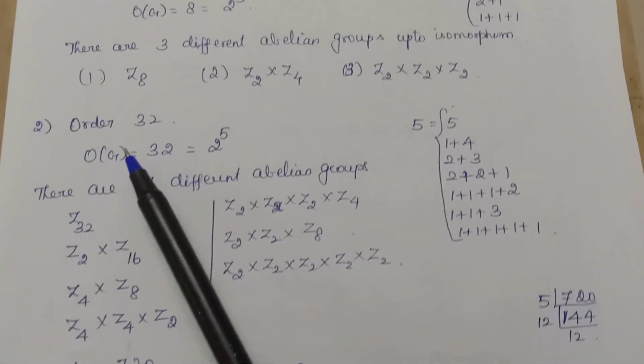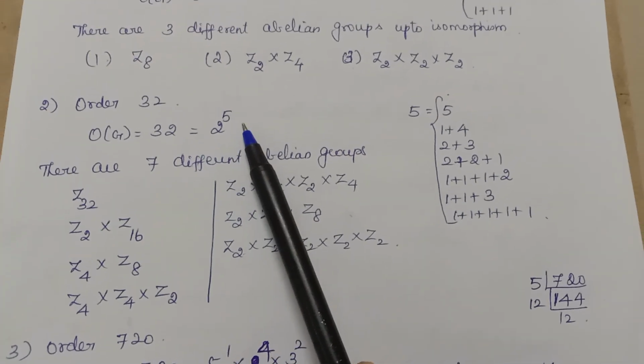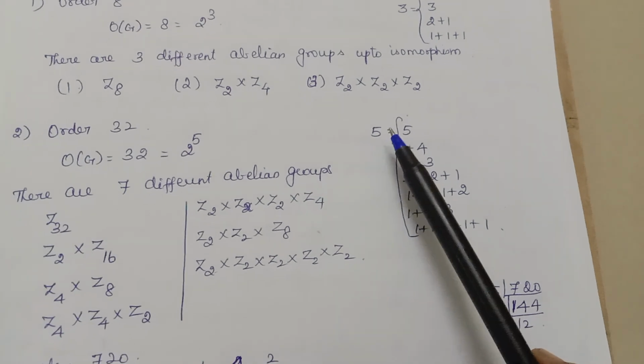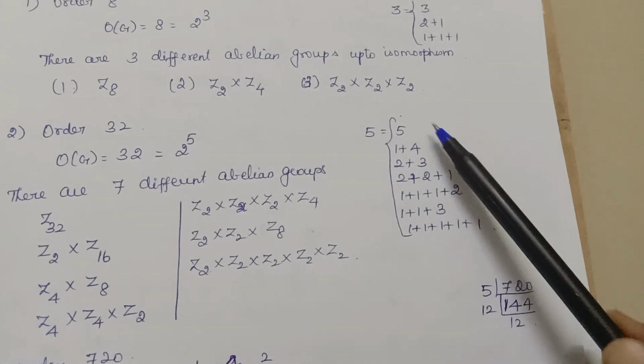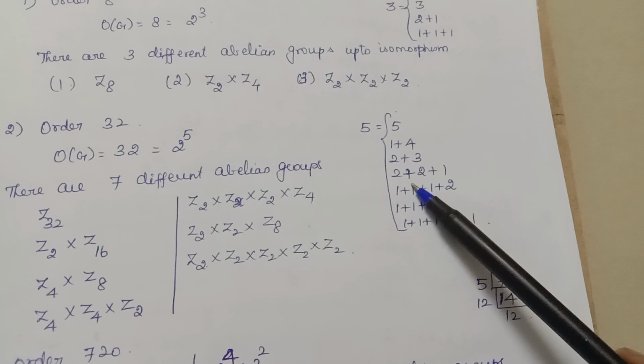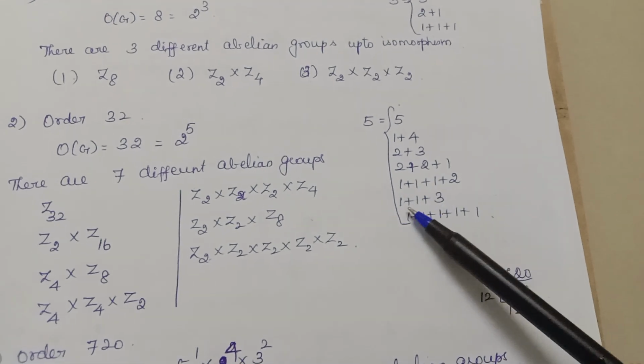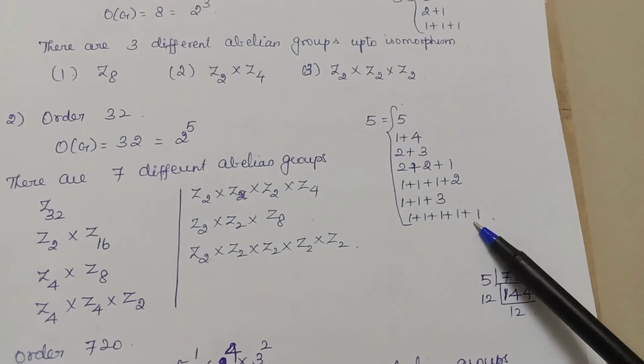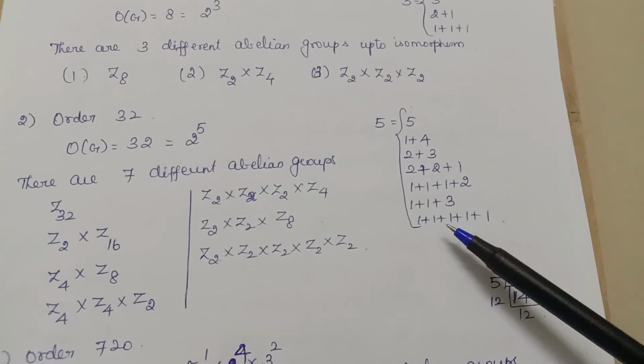And order 32. See, 32 can be written as 2 power 5. So 5 has 7 partitions: 5, 1 plus 4, 2 plus 3, 2 plus 2 plus 1, 1 plus 1 plus 1 plus 2, 1 plus 1 plus 3 and 5 times 1. Once you write the partitions, it is easy to write.